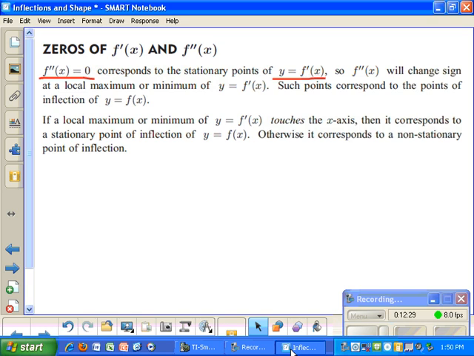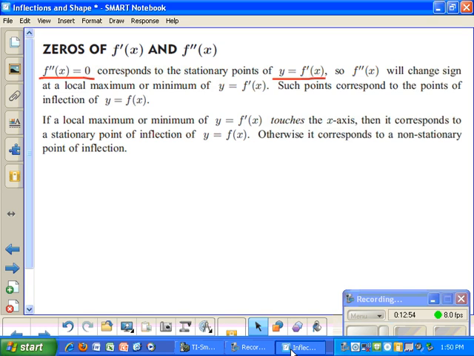And then the second part of this, if a local minimum or maximum of the first derivative touches the x-axis, then it corresponds to a stationary point. So it's a corresponding point. Otherwise, it corresponds to a non-stationary point of inflection, in other words, a non-horizontal point of inflection. So we've got a couple issues there, and we'll talk through these some more.